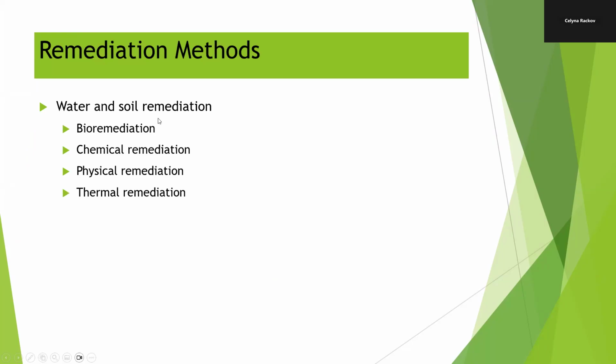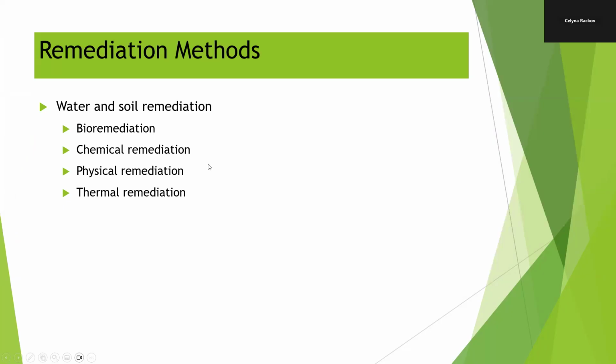The bioremediation technique uses microorganisms to break down or transform contaminants into less harmful substances. And chemical oxidation is usually related to redox reactions, so they will transform the contaminant to break it down or transform it into less harmful substances.